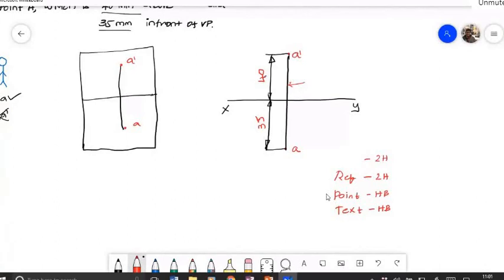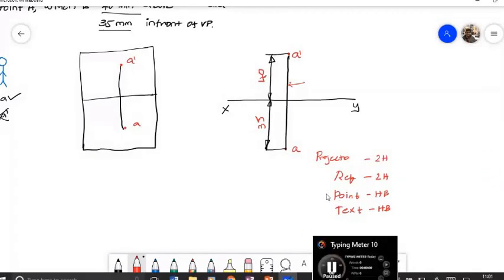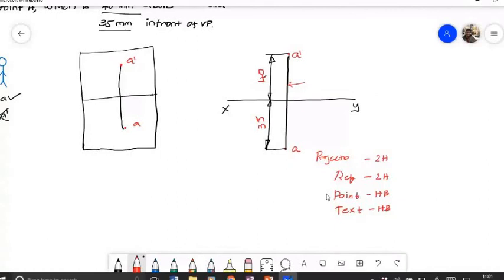Projector line. That should be drawn with a 2H pencil. Okay. So this is how you need to draw. Is that clear? Yes.